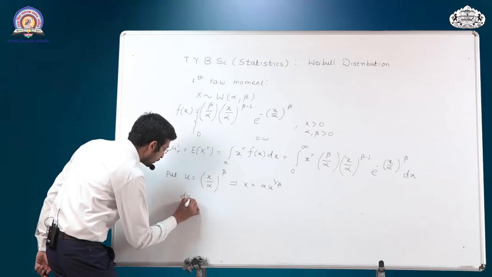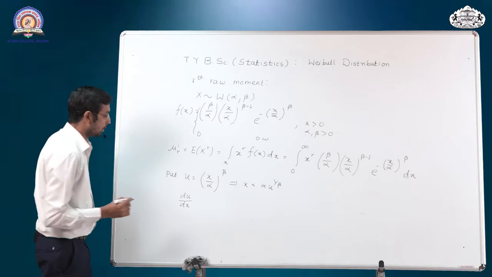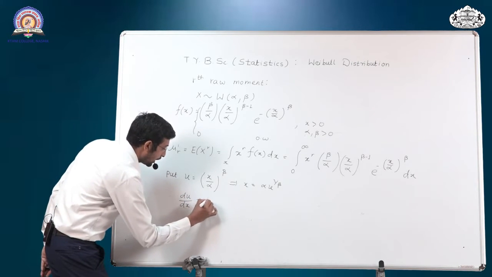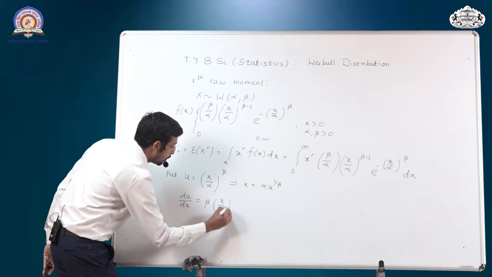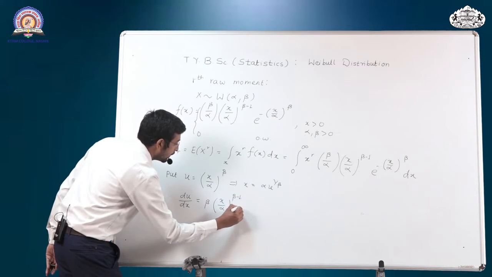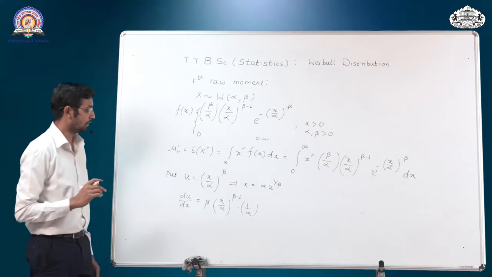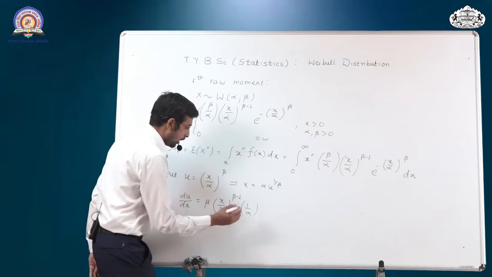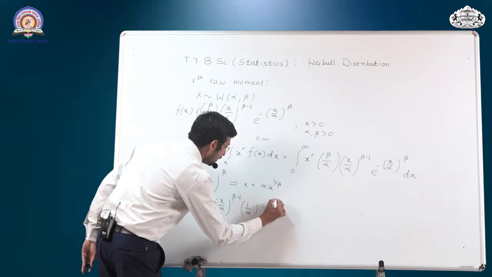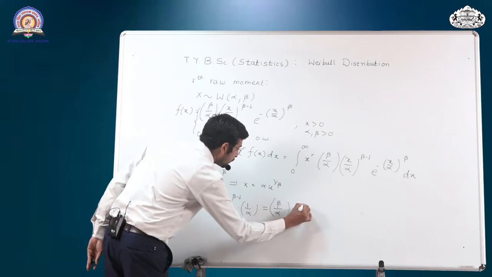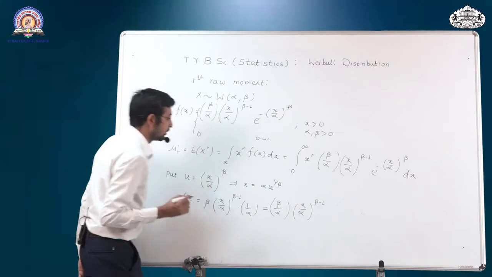Now, taking the derivative with respect to x, we get beta into (x upon alpha) raised to beta minus 1 into 1 upon alpha, since the derivative of x upon alpha is 1 upon alpha. That means this is equal to beta upon alpha (x upon alpha) raised to beta minus 1.